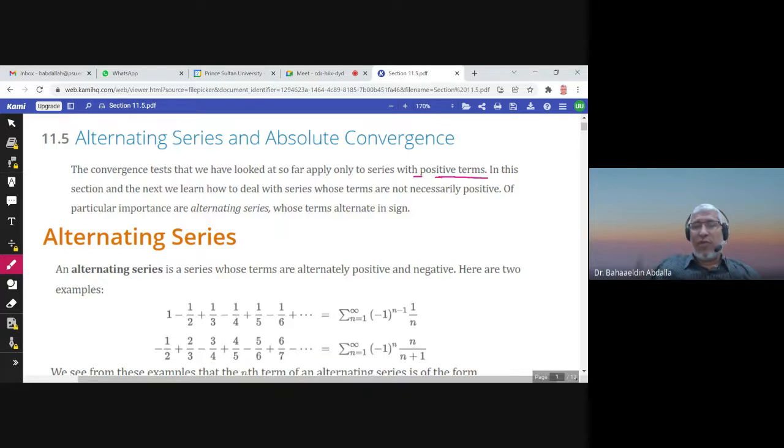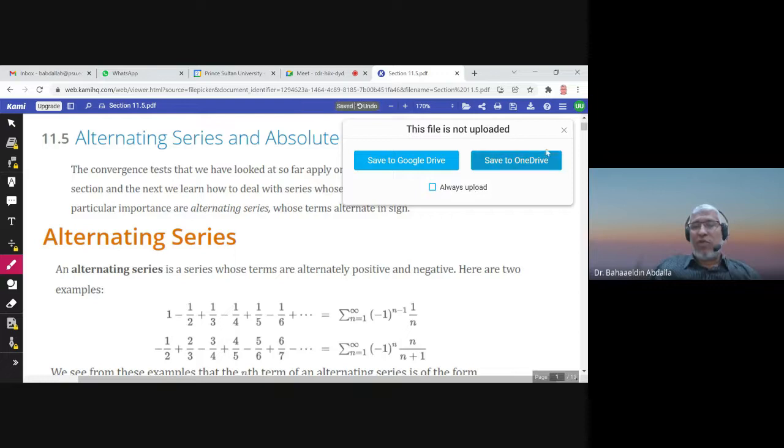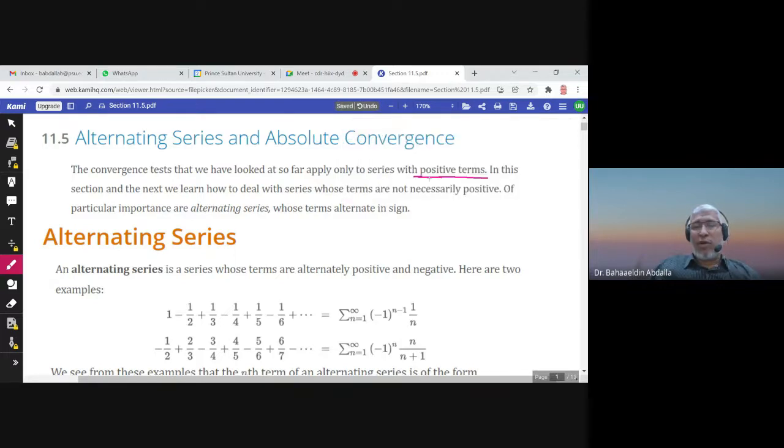If you remember, comparison tests are only used for series with positive terms, and also the integral test. So in this section and in the next one, we will learn how to deal with series with terms that are not necessarily positive. We will start with alternating series.